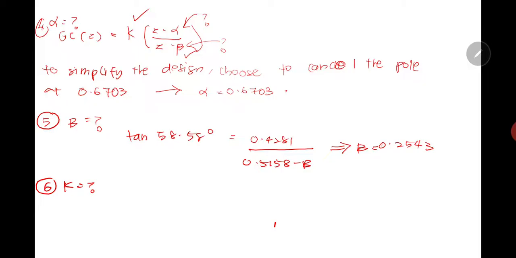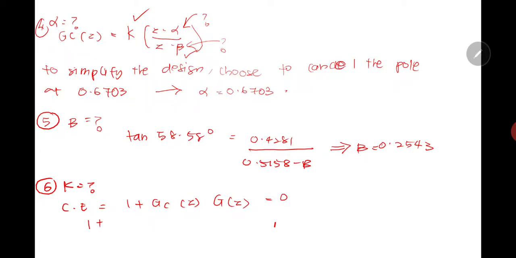For K, we can use the magnitude criteria. As from the beginning, we have the characteristic equation, 1 plus GC of Z multiplied by G of Z. After we have considered the controller, this is the characteristic equation, and it is equal to 0.